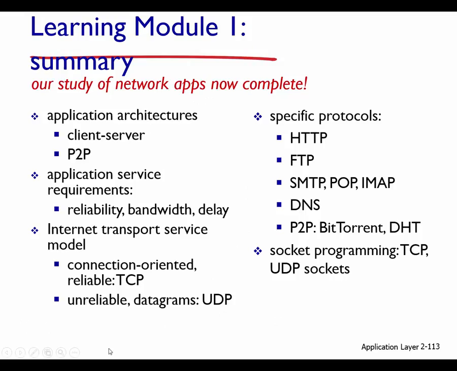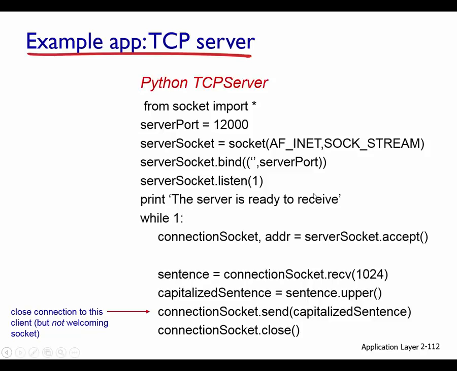Notice we have two different sockets. We have this socket that's listening, and then once we get something, we have this new socket, this connection socket, that's going to actually accept the connection, and this is the socket that we're going to receive and send data on, which is separate from the socket that's listening.